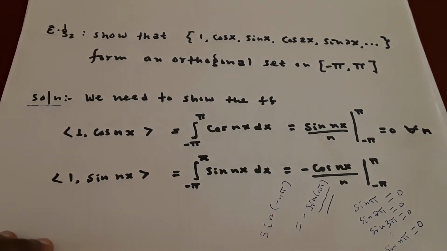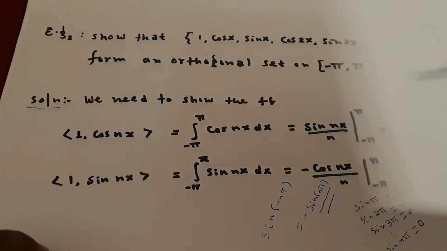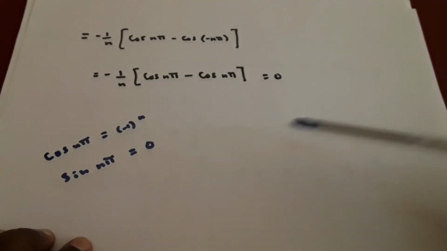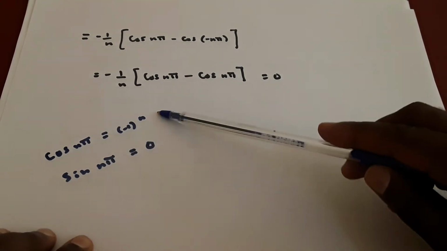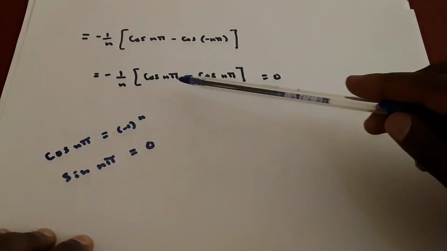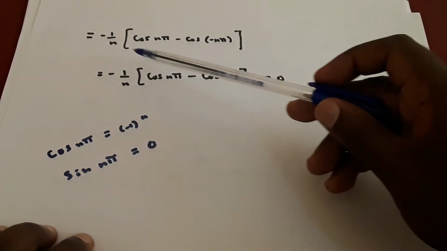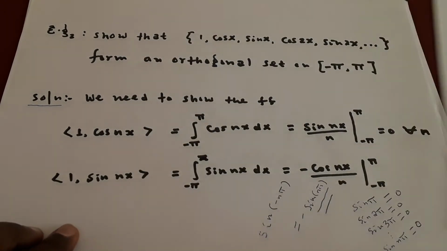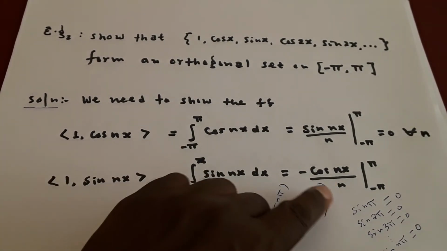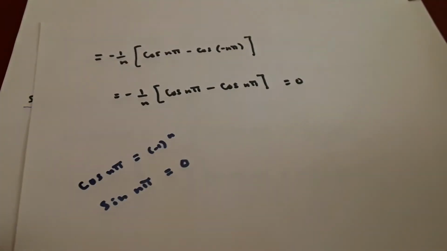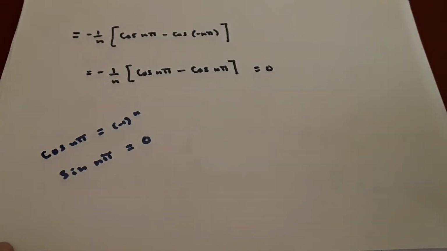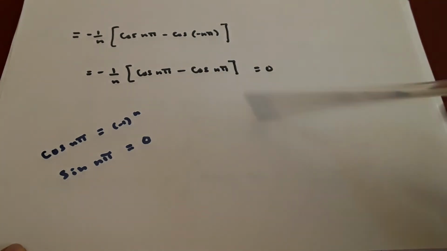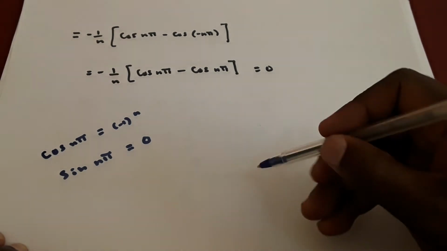Because cos n pi is minus 1 to the power of n, and sine n pi is 0, as we illustrated before, we evaluate at n pi and at minus n pi: minus cos n pi over n minus minus cosine of minus n pi over n. Cosine of minus n pi means cos n pi.